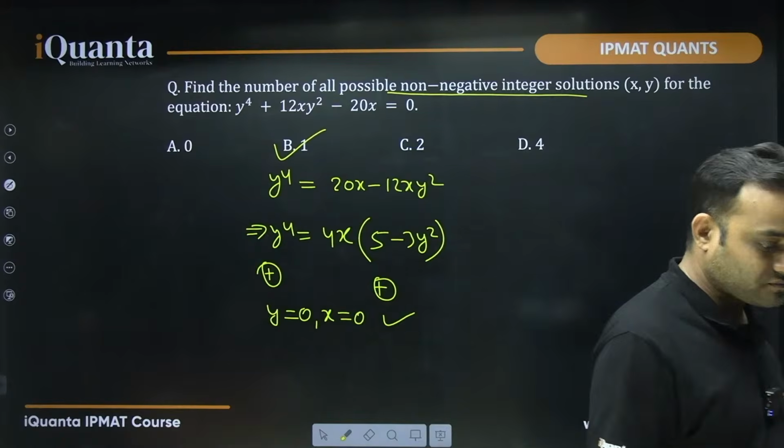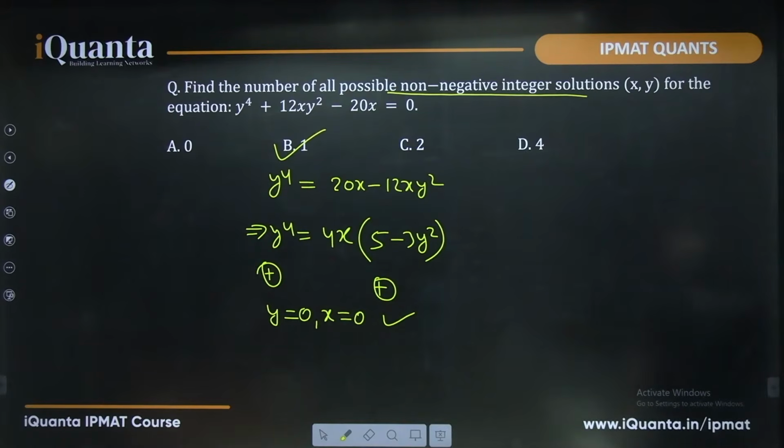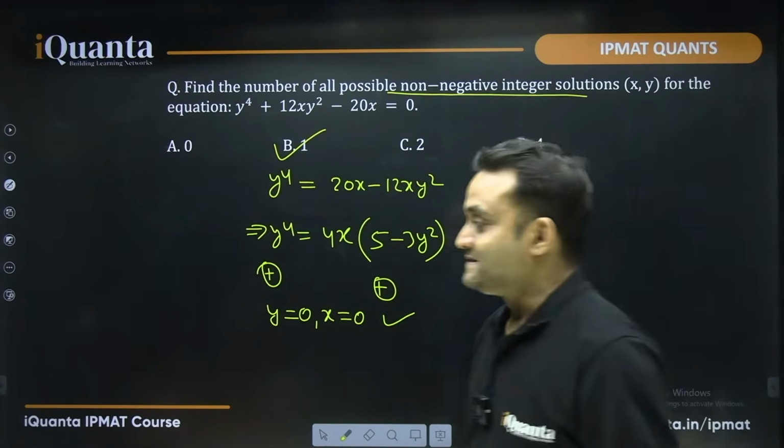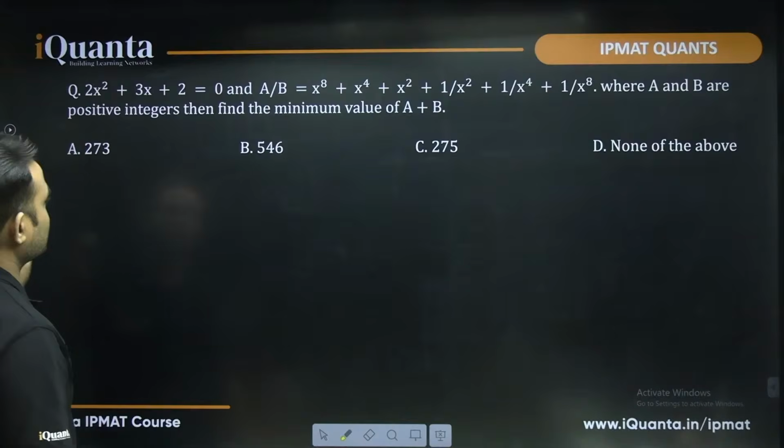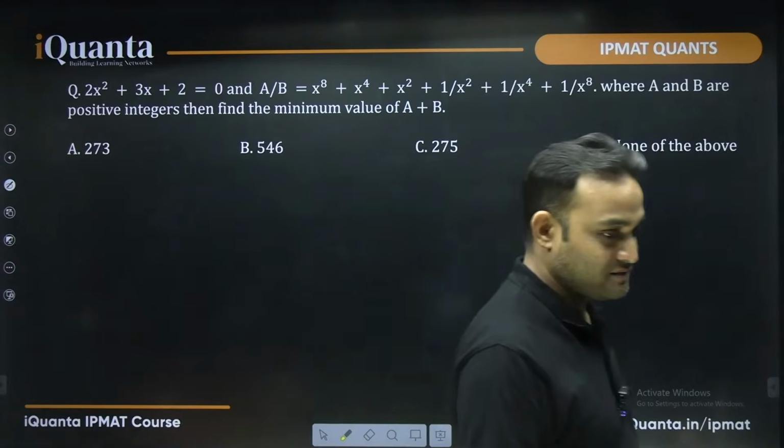Okay, is that clear now? So Garv, correct answer. Ansh, correct answer. Vaibhav, correct answer. So it looks like a very difficult question, but it was not, right?